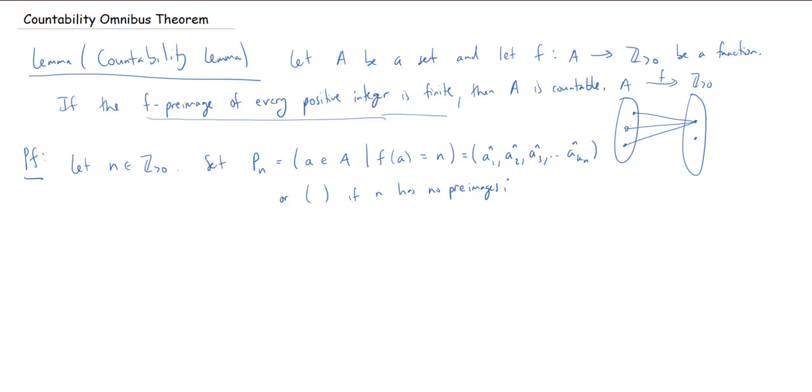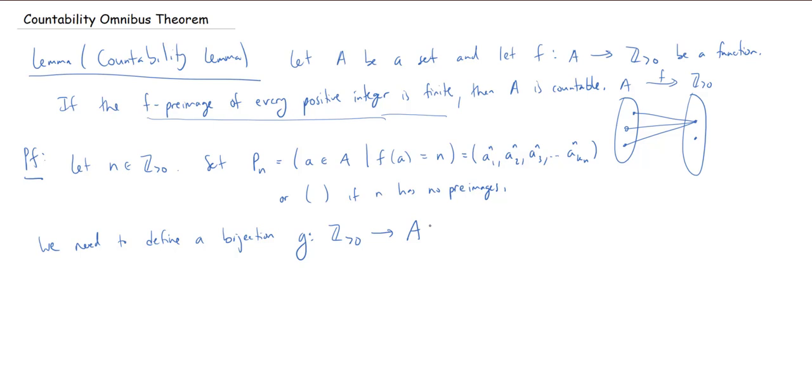Now in order to show that A is countable, I need to define a bijection from the positive integers to A. So we need to define a bijection, call it G, from the positive integers to A. And here's how I'm going to do it.